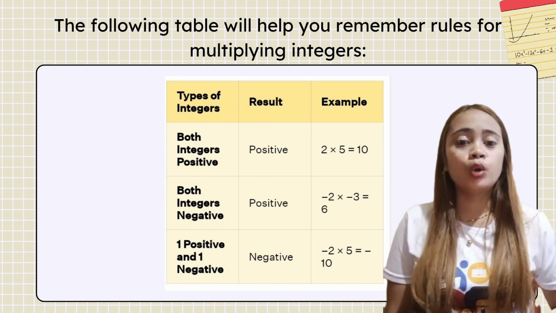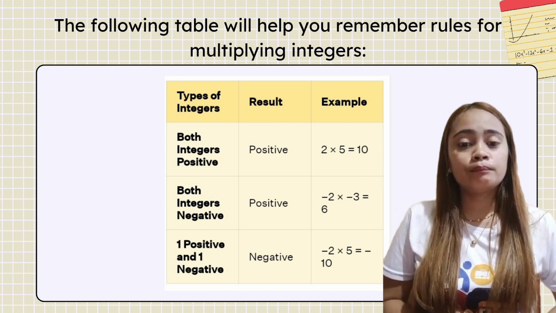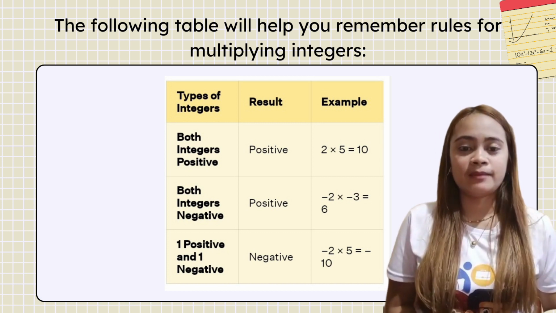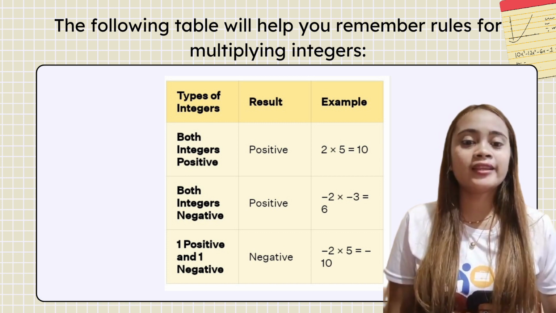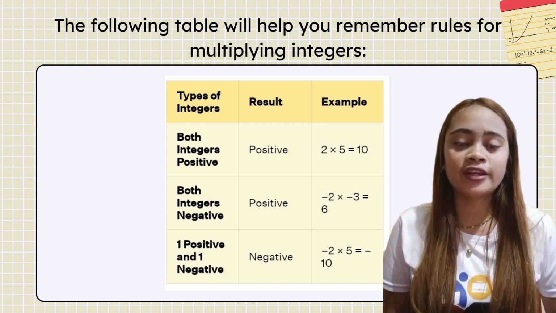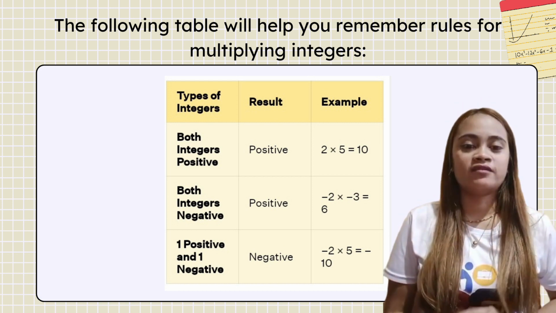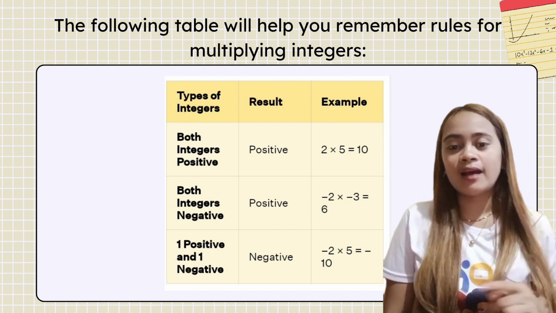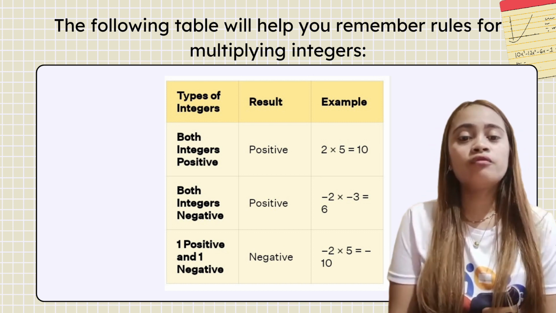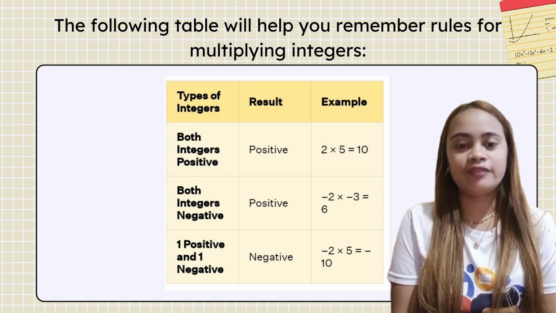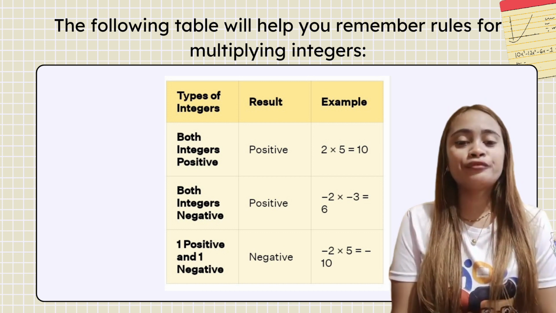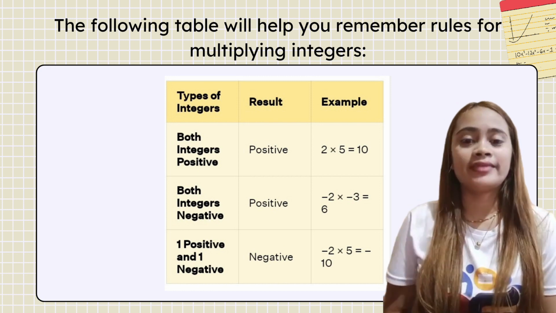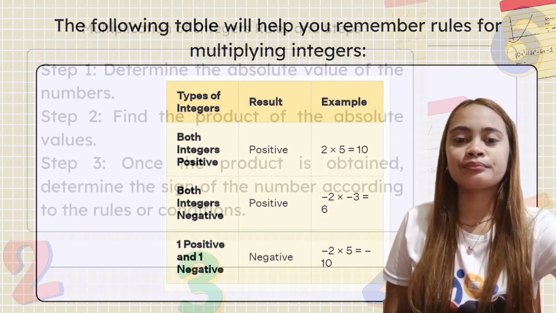Paano naman if both negative integers? Of course, the result niya is same pa din, positive pa din. For example, negative 2 times negative 3 is equal to positive 6. Paano naman if isang negative at isang positive? Of course, the result will be negative. For example, negative 2 times positive 5 is equal to negative 10.